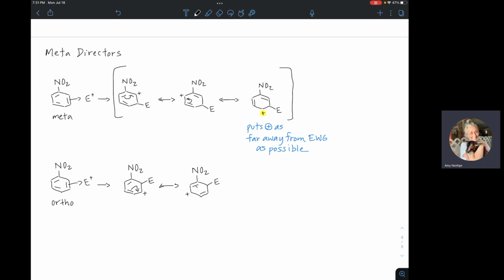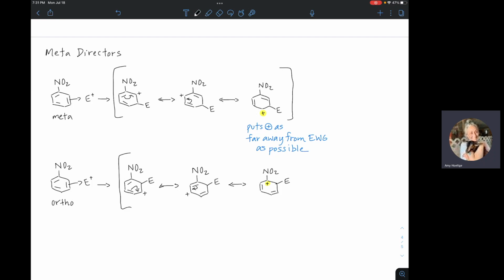And again, but look at this one. If I put this at the ortho position, I have at least one contributing resonance structure that puts the positive charge right next to the electron withdrawing group.